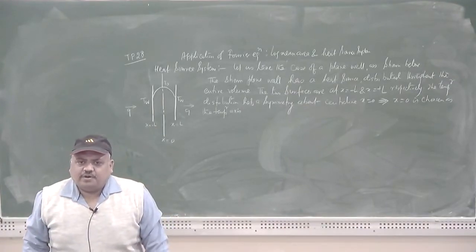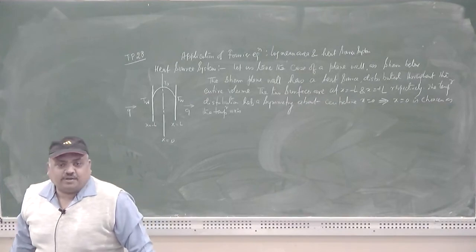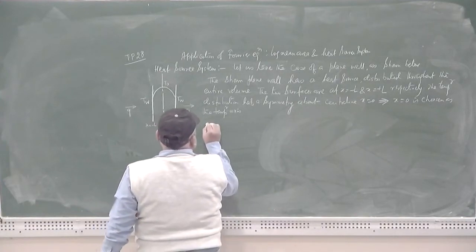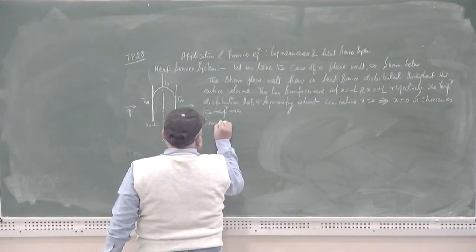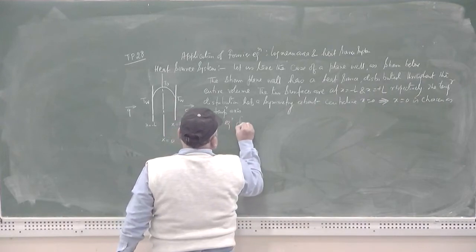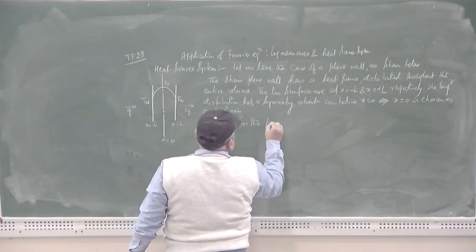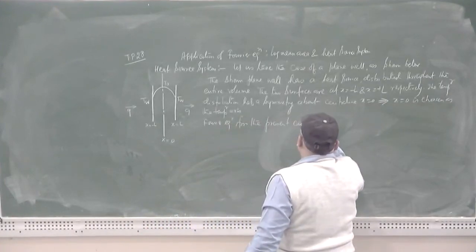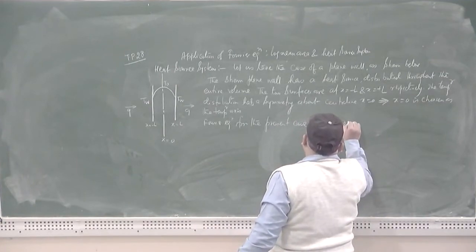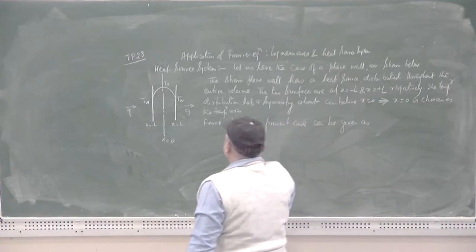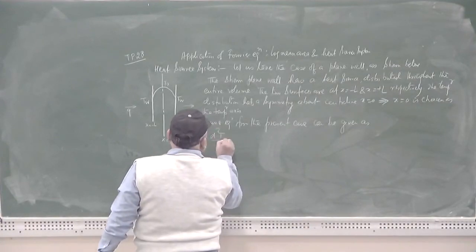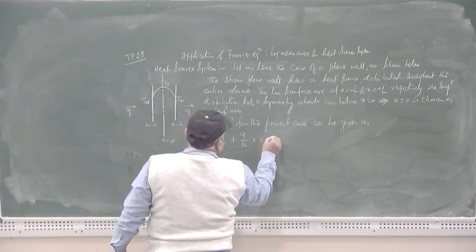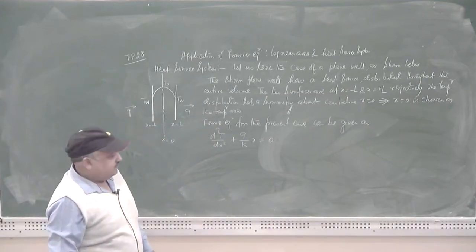Now let us go through the Fourier differential equation for the present case. So the Fourier equation for the present case can be given as d2T upon dx2 plus q upon k is equal to 0, right.